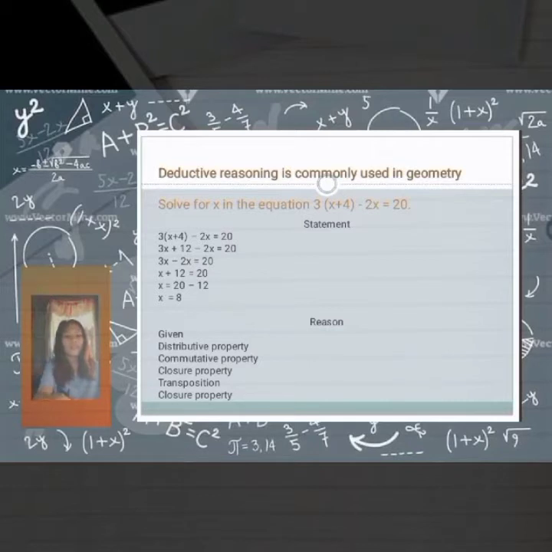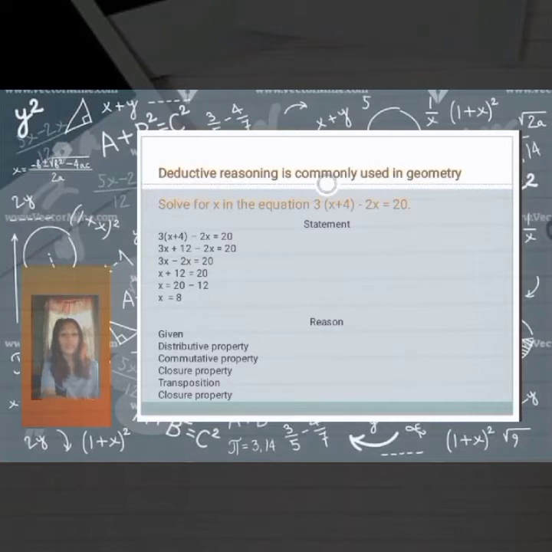Next, you have to combine the common terms. So 3x minus 2x is equal to 20, and that is the commutative property. The next one is x plus 12 is equal to 20. It is the closure property.